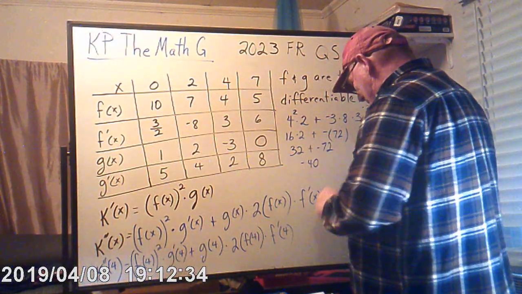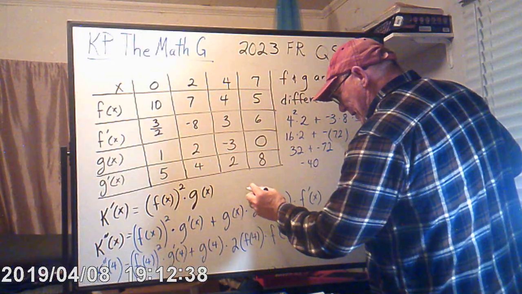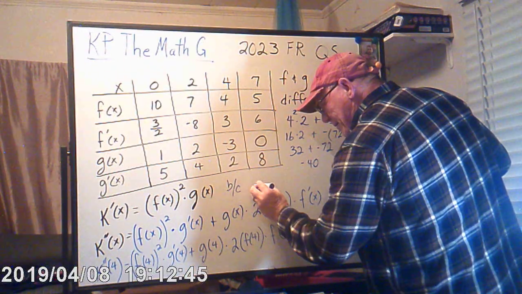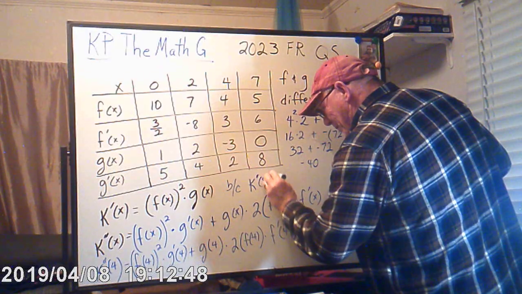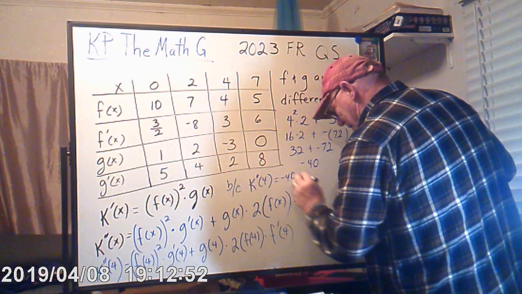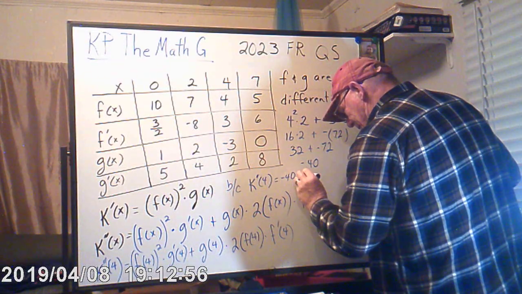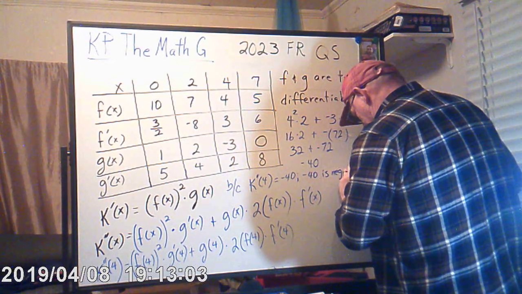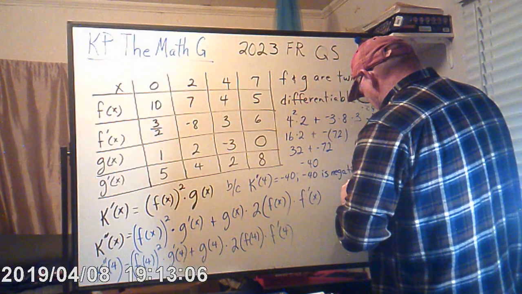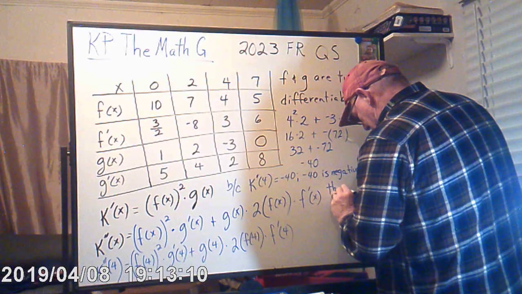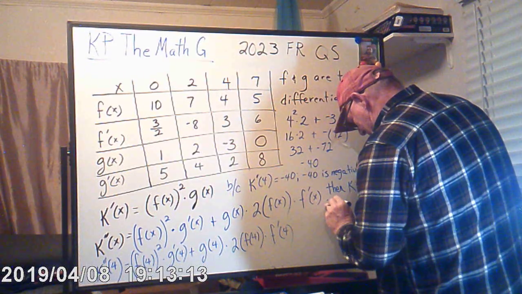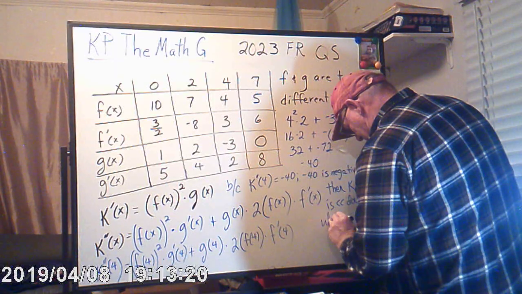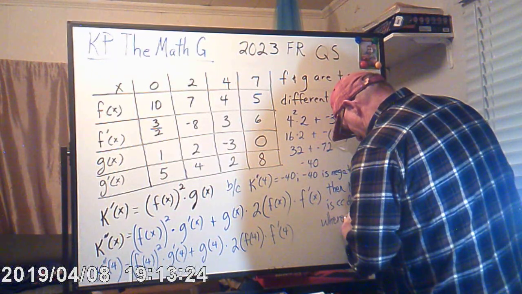Okay, so now, because you've got to have some reason: K double prime at 4 is negative 40, and negative 40 is negative, then it follows that K is concave down where x equals 4.